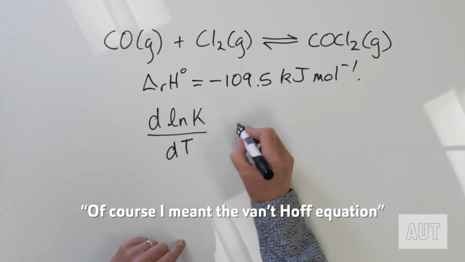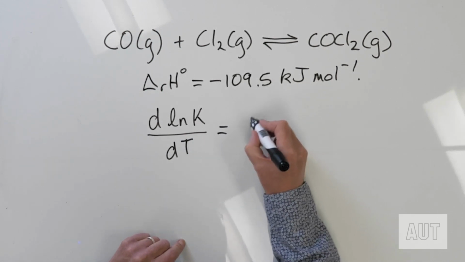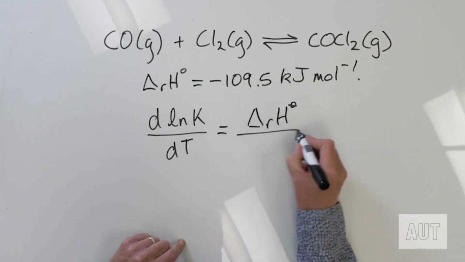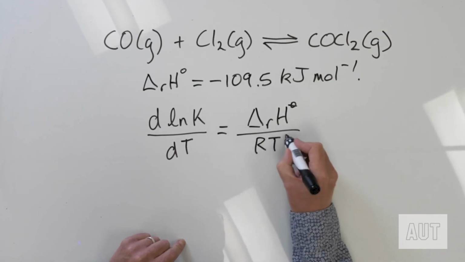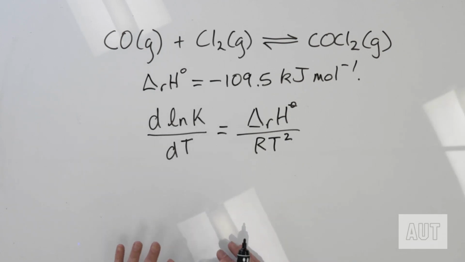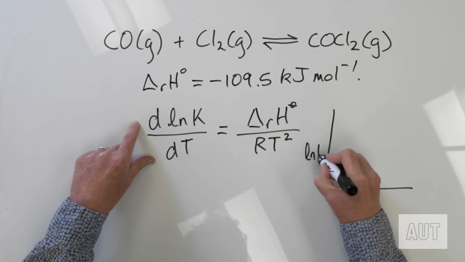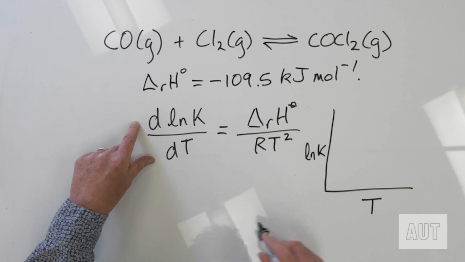Okay, so d log K by dT is equal to delta rH standard upon RT squared. And you think, ooh, that's calculus, I can't do calculus. Yes, you can, because this is just a graph of log K versus temperature. That's all that means. A graph of log K versus temperature.